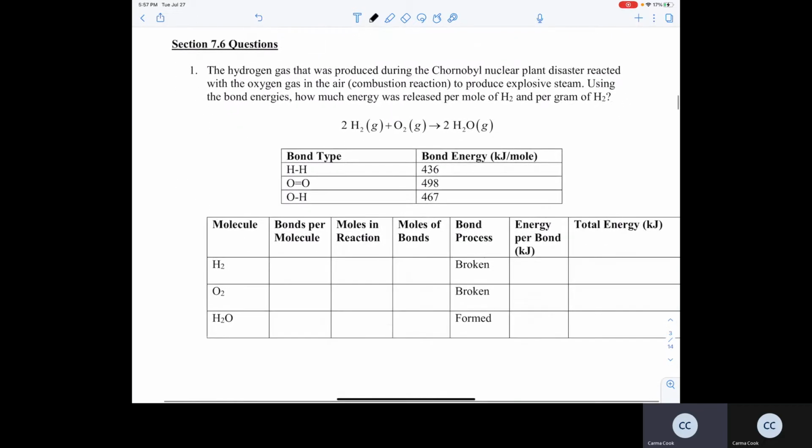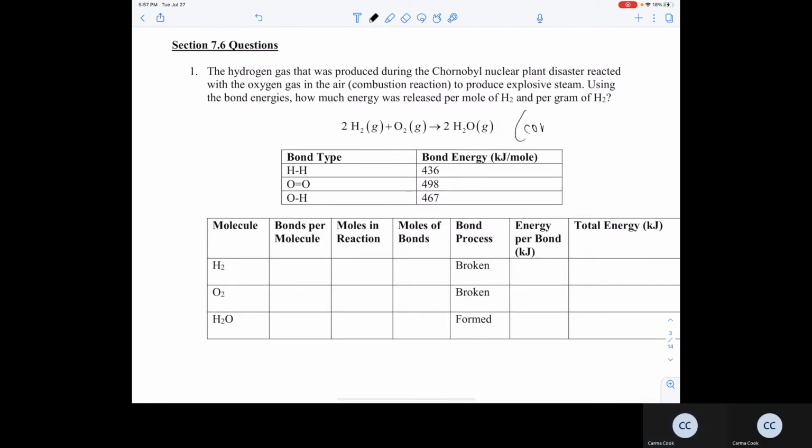And so hydrogen gas being very explosive was a big part of the disaster at Chernobyl as well as Fukushima. And hydrogen gas reacts with oxygen gas in a combustion reaction. And it produces water vapor or steam.